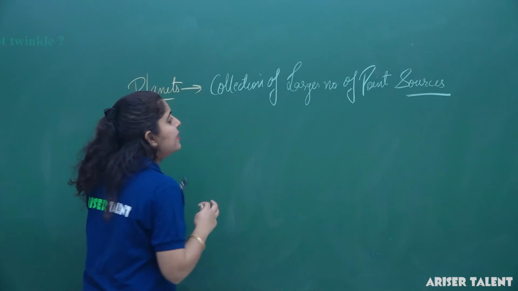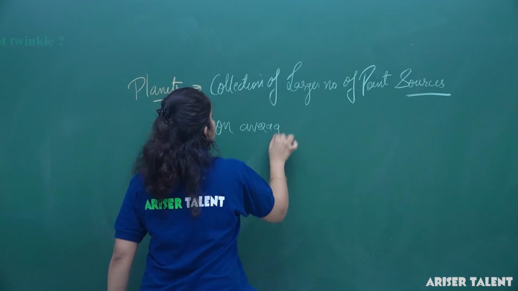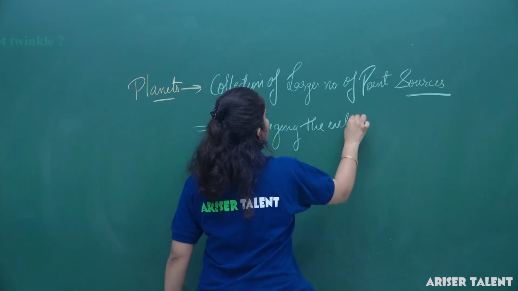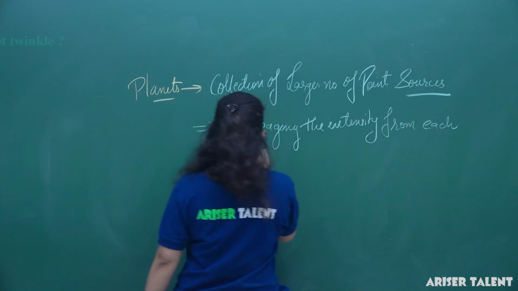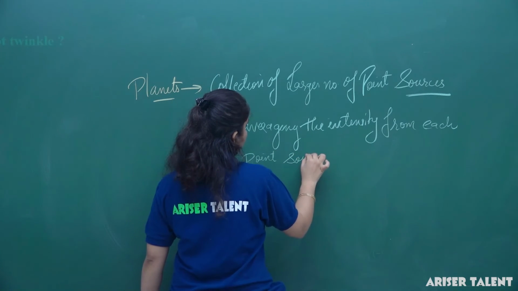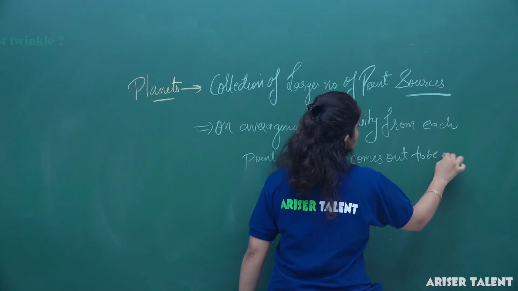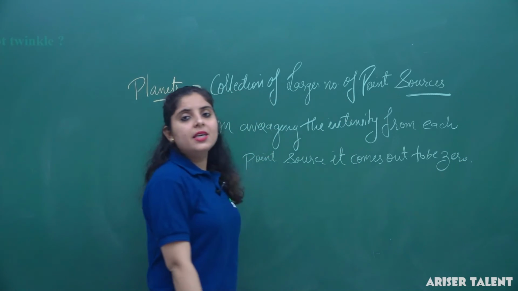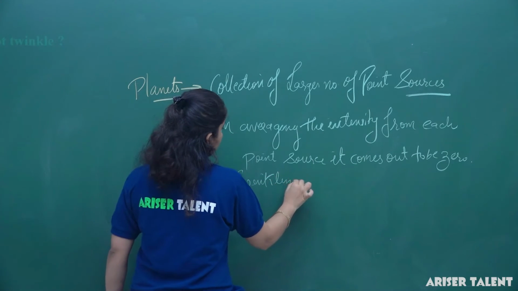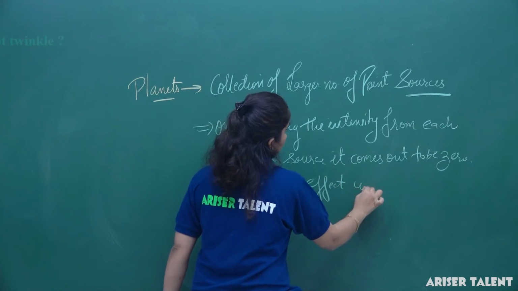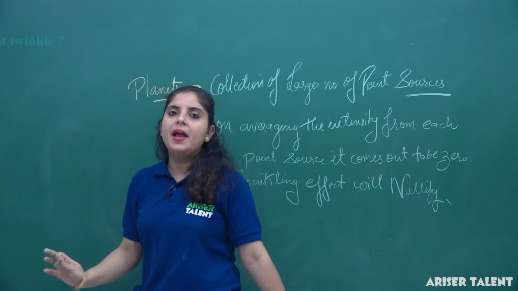So if I assume that the planets are a large collection of point sources, then on averaging the intensity from each point source, it comes out to be 0, and the twinkling effect will be nullified. Okay, this is the reason that the planets do not twinkle.